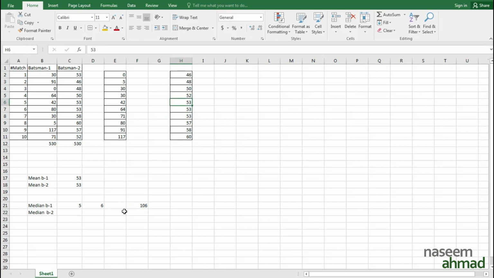So which becomes 53 plus 53, right? Now we need to divide this addition by 2, because this is what the formula tells us. So divide by 2, and it is also divided by 2.